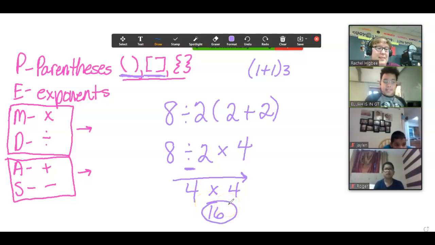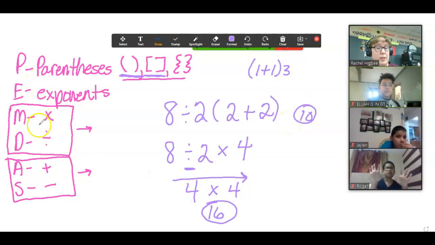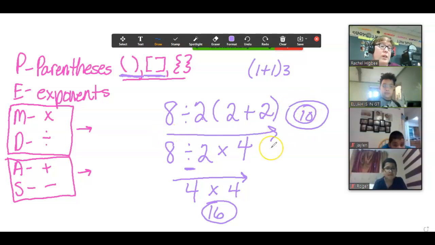Okay. Come on, now that was easy. Yeah. Okay, but a lot of people, if they don't use order of operations, they do this. So they say 8 divided by 2 is 4, right? And then they say, oh, 4 times 2 is 8. And then plus 2 is 10. So if you're not using PEMDAS and you're just going left to right, you get the wrong answer.